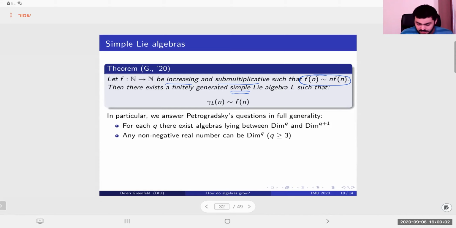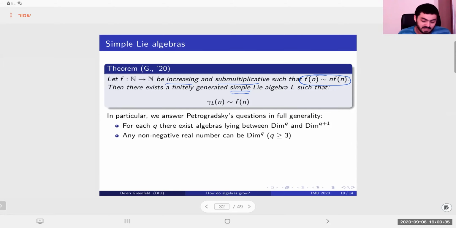In particular, we were able to show that for every 2 layers, there exist Lie algebras which fall in between these dimensions, except for the first two steps, where it is known to be possible. And also we're able to show that any non-negative real number is actually a value for these dimensions, starting from the first point where it was not known.